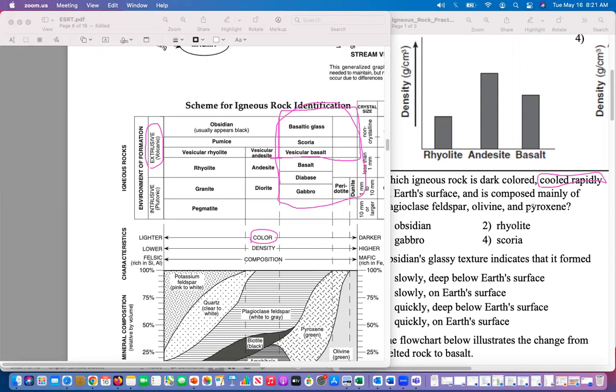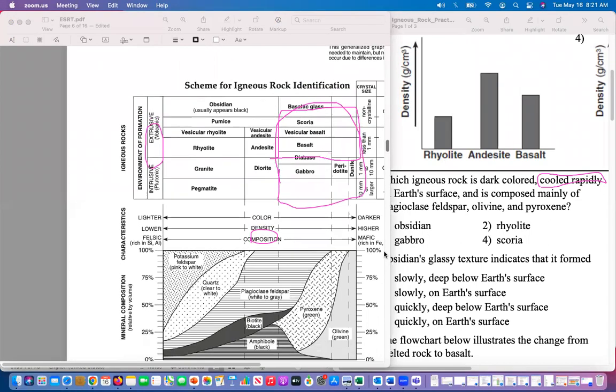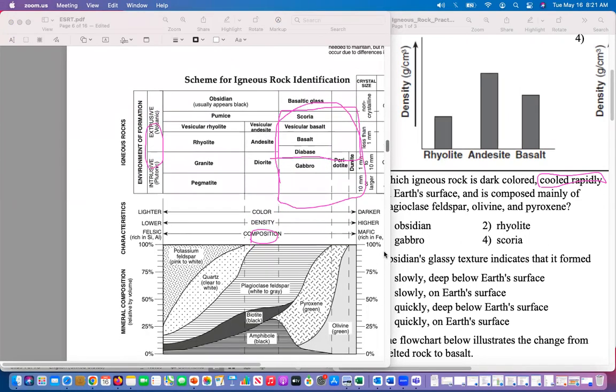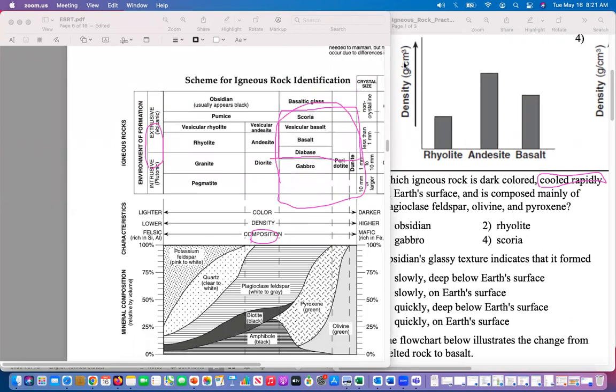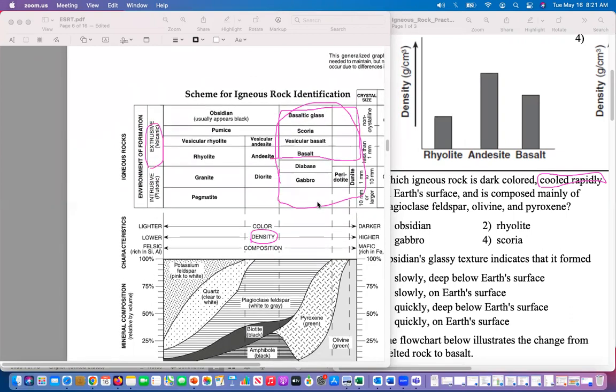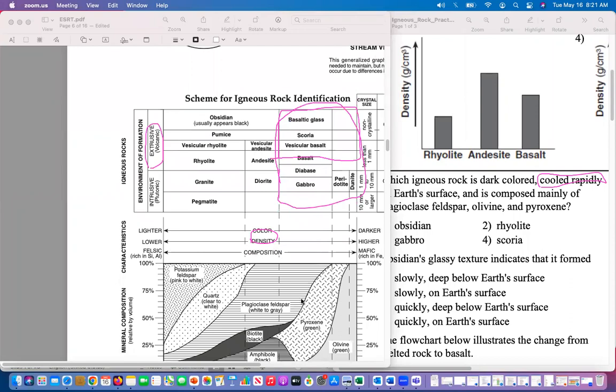And then it says it's composed mainly of plagioclase feldspar, olivine, and pyroxene. When I take a look and I look all the way on the bottom, right here, I notice that it's supposed to have plagioclase feldspar, olivine, and pyroxene.